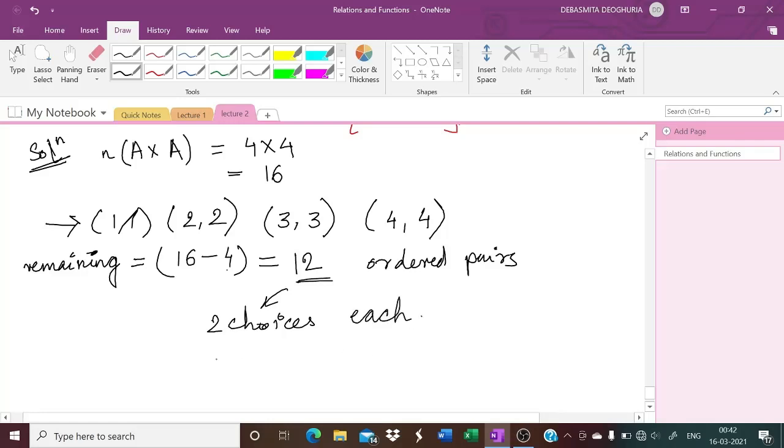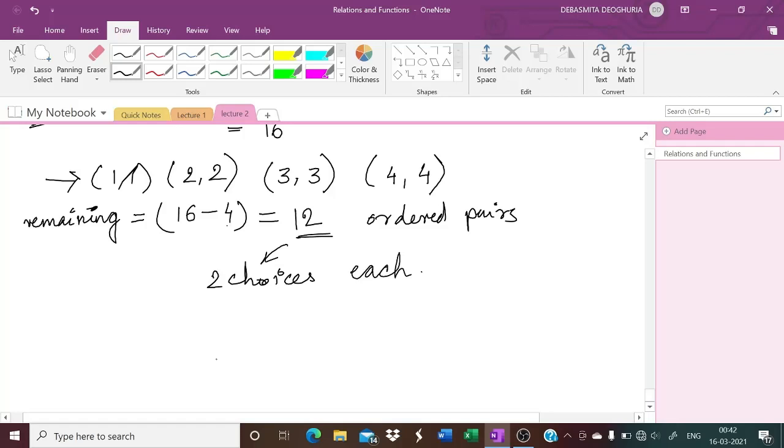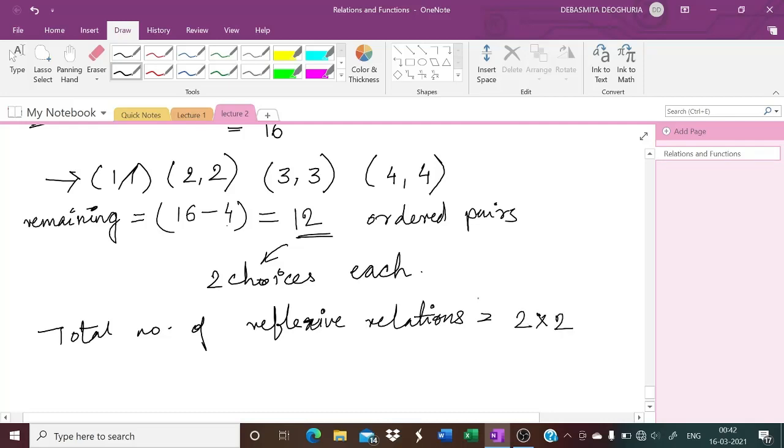Either they can come in the relation or they may not. So the total number of reflexive relations would be 2 into 2, because each of these ordered pairs will have two options. Either they can come in the set of relations or they may not.